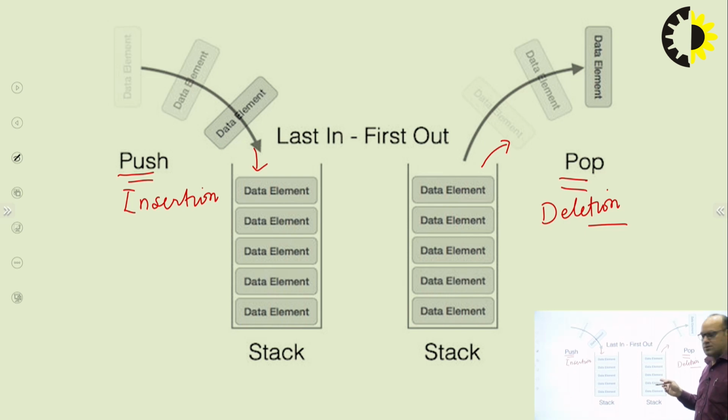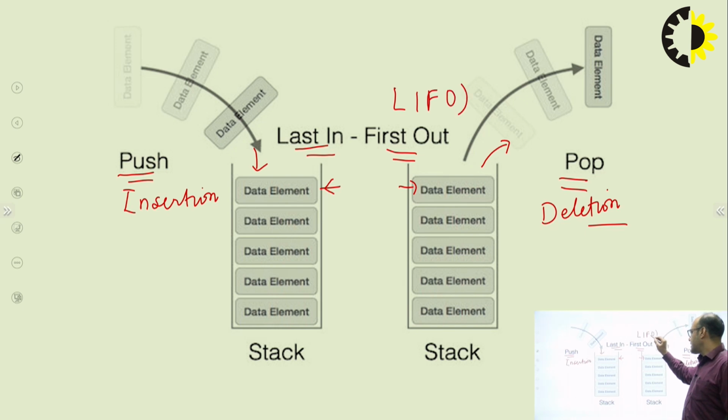The element which we inserted last, we delete first. So we call it last in first out, short form LIFO.